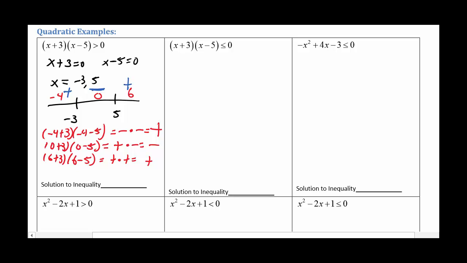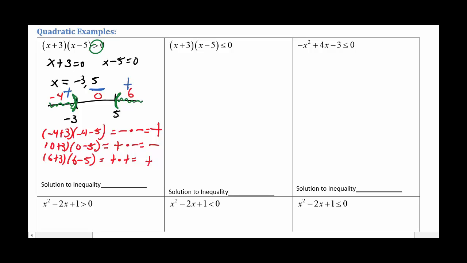Okay, so then I'm going to go to my symbol. The symbol for this problem is greater than 0, so I'm looking for the positive values. So where in my number line do I see a positive? Well, I saw it before -3, and I saw it after 5.